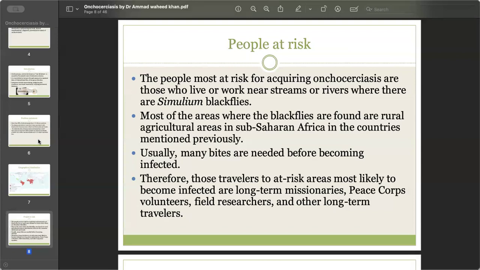Usually, many bites are needed before becoming infected. Therefore, those travelers to at-risk areas most likely to become infected are long-term missionaries, Peace Corps volunteers, field researchers, and other long-term travelers.